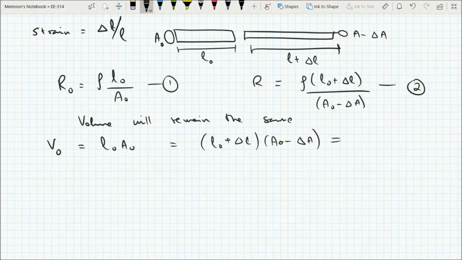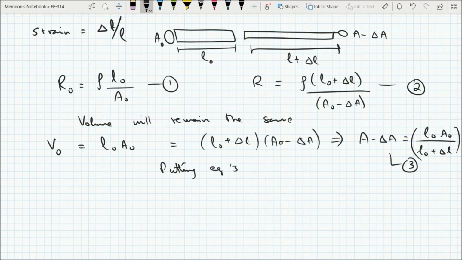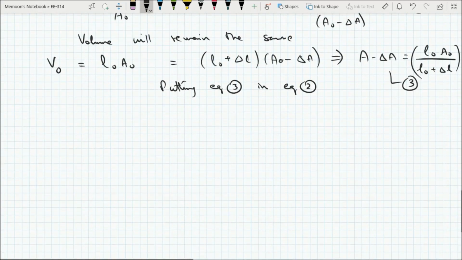So this implies that A₀ − ΔA = L₀A₀/(L₀ + ΔL). We can just rearrange this equation and call it equation number 3. So now, putting equation 3 into equation number 2, what do we get?